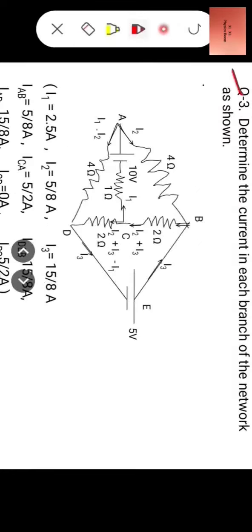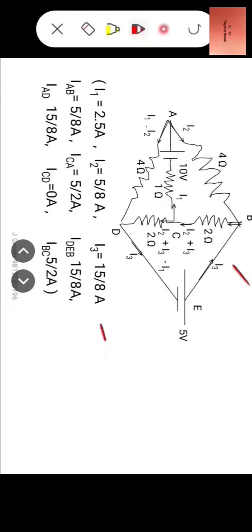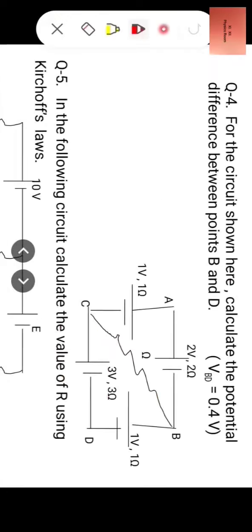Question number 3. Determine the current in each branch of the network as shown. And here are the answers given for your verification. Question number 4. For the circuit shown here, calculate the potential difference between points B and D. And here is the answer, VBD is equal to 0.4 volt.